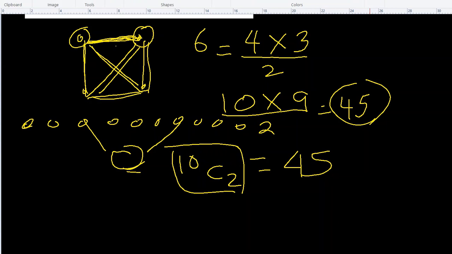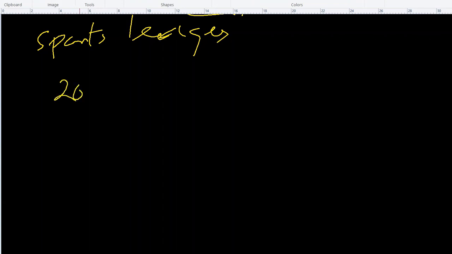Where can we use such a situation again? Sometimes there are some leagues, right? Some sports leagues. So what happens in those leagues, that each team plays with another team on a round robin basis. Most of the leagues have say 20 teams or 30 teams. They will play with each other only once. It's like handshake. If there are 20 teams like in EPL, they play with each other twice.